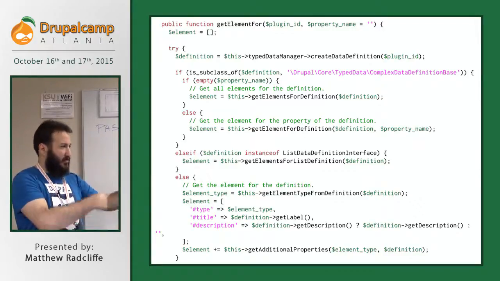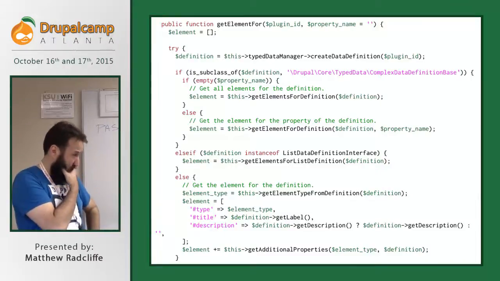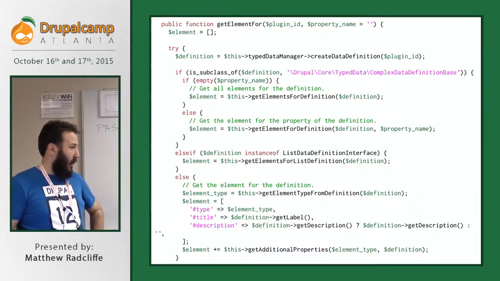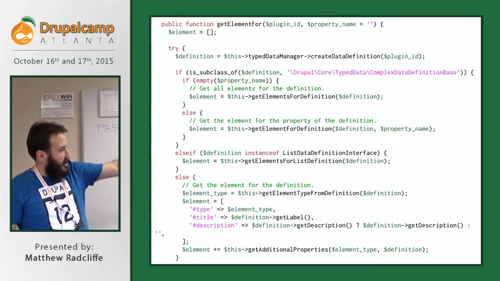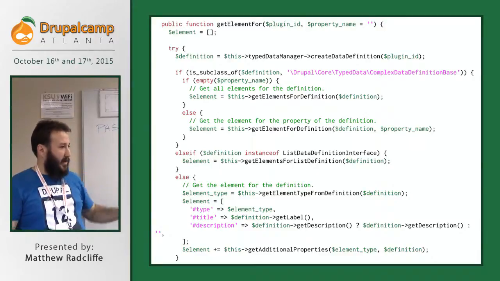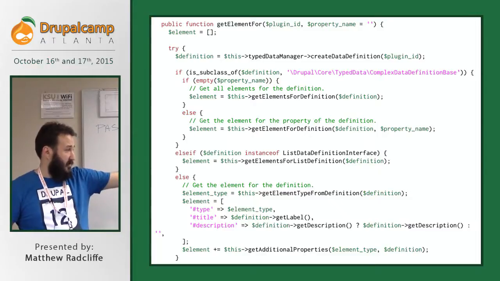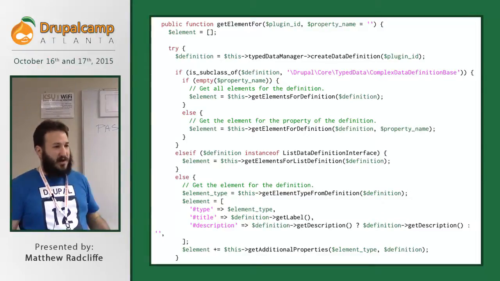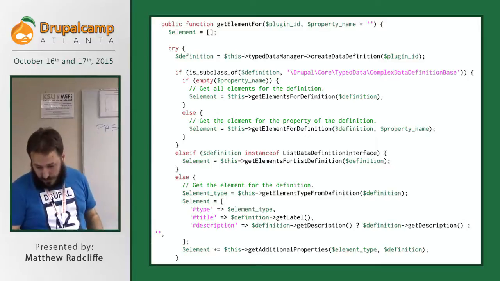But I basically want to recursively generate a form array and a form element. If you get through that if statement, the first two else blocks are basically saying, hey, I'm recursing. And finally, when I get down to a base element that's a primitive type, I extract what element type I think I want for that primitive, and then I add some additional properties, which I'll show in a moment.